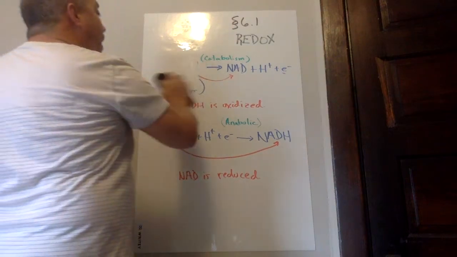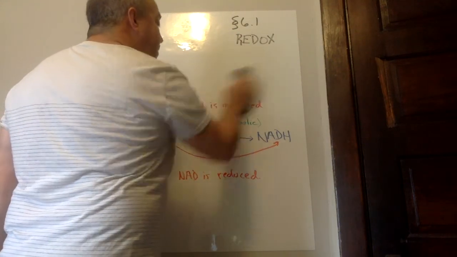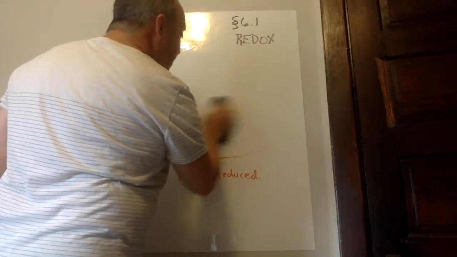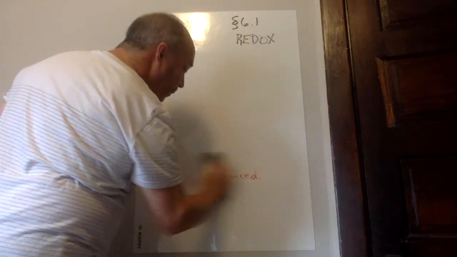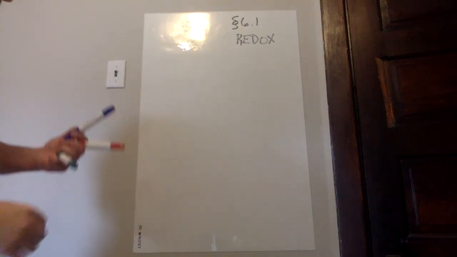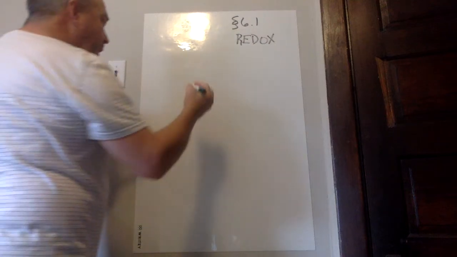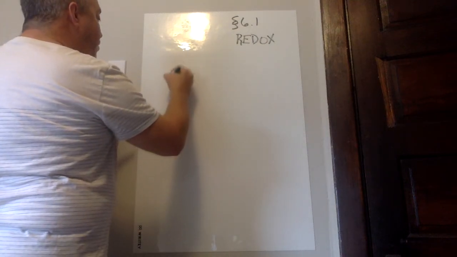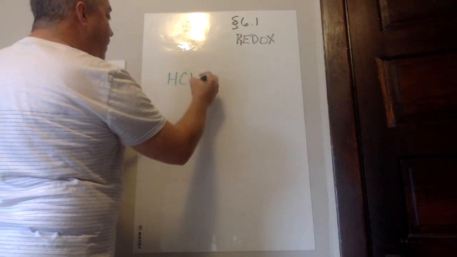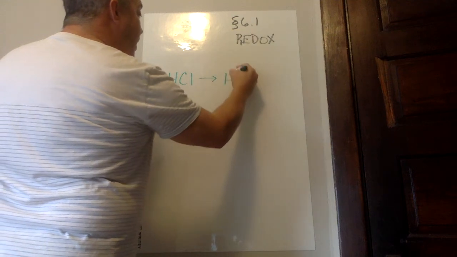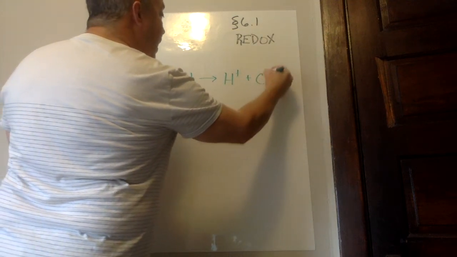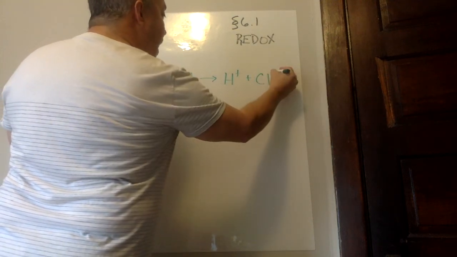With acids and bases, we can also see this process happening, because they also involve hydrogen ions. So when we had hydrochloric acid, HCl, this would get broken down into hydrogen ions and chloride ions.